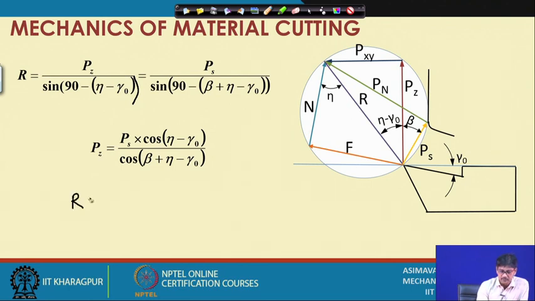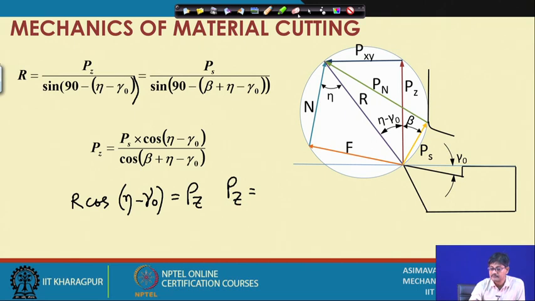R cos(eta minus gamma 0) is equal to Pz, okay, which means R is equal to Pz by cos(eta minus gamma 0).